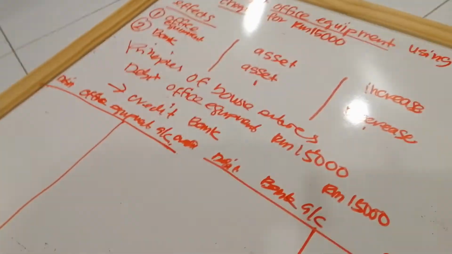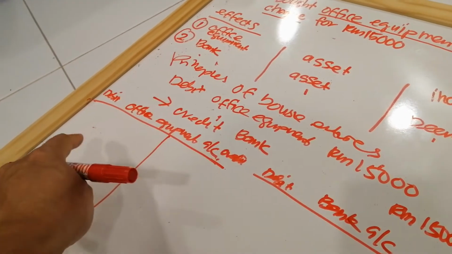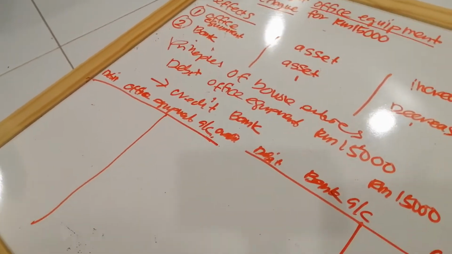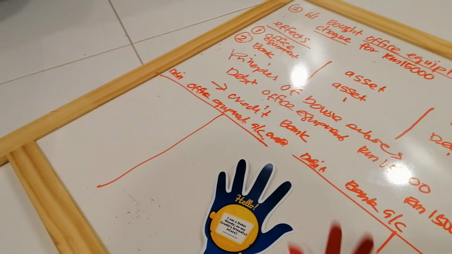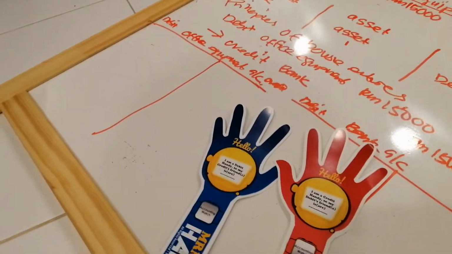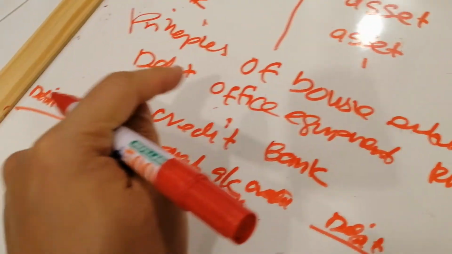Okay. So if you're not sure how to transfer from the principal double entry to debit credit, don't worry. This handy will become your best friend during this MCO. Okay, we settle one by one.